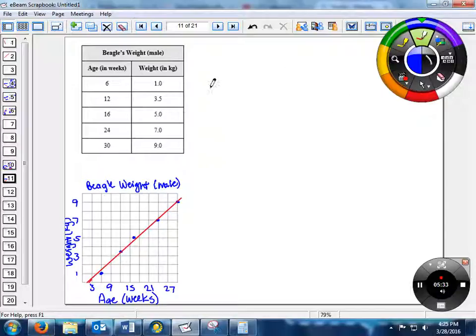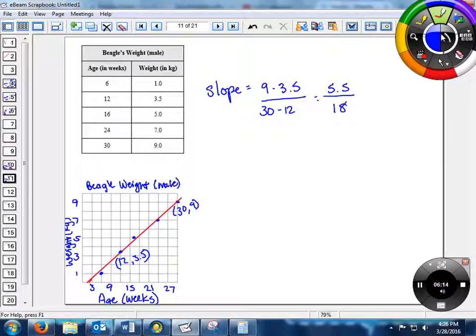Okay, so let's find our slope. If you'll notice these coordinates, I've got a coordinate here, that would be 12 and 3.5, as well as one up here at 30 and 9. Those two are on my line, so we'll use those two for my slope: 9 minus 3.5 over 30 minus 12. 9 minus 3.5 is 5.5. 30 minus 12 is 18.